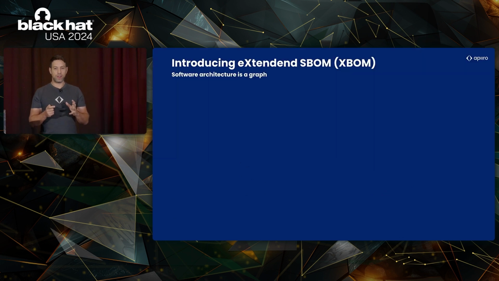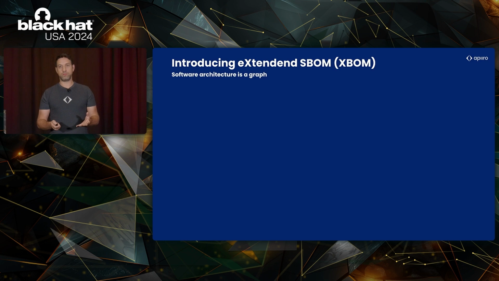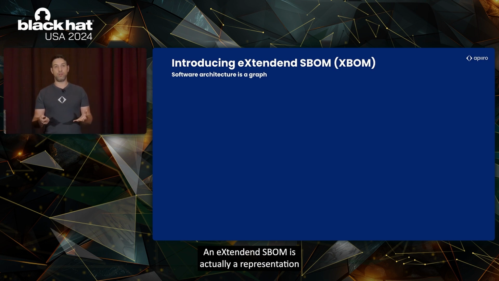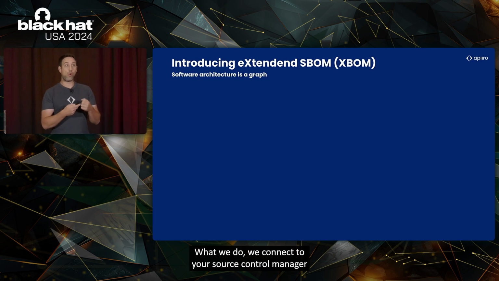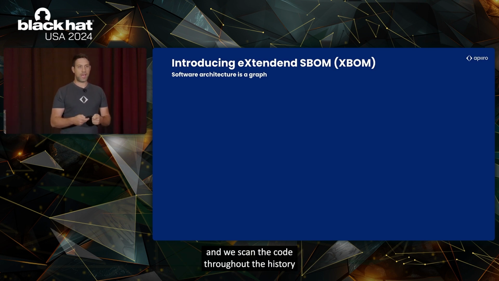Classification. So we are introducing an extended SBOM. An extended SBOM is actually a representation of your software architecture. What we do is connect to your source control manager via API and to other data sources, and we scan the code throughout the history.